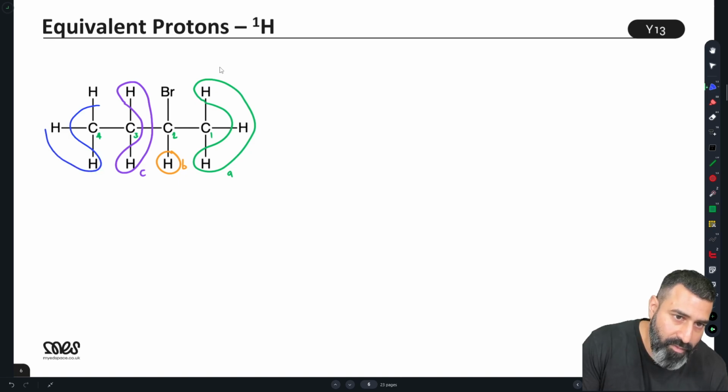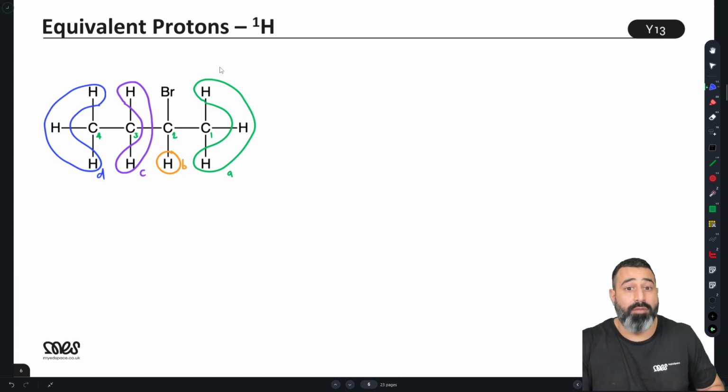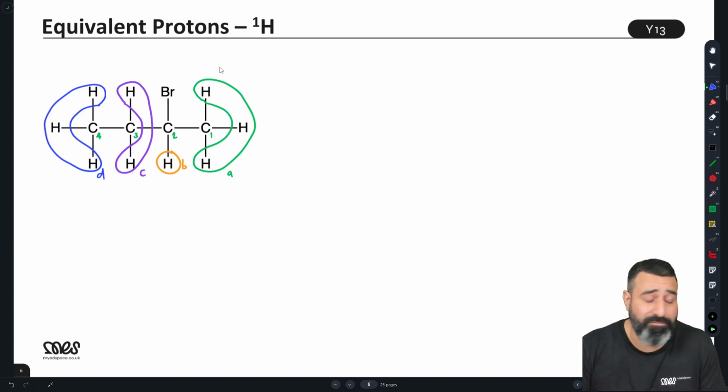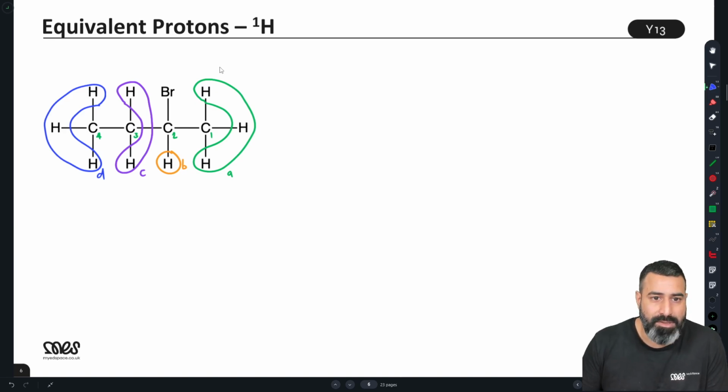So these protons are in a different environment. So here we have 4 different environments, okay? So this is what low resolution NMR tells us, the number of different chemical environments we have for our protons. Okay, and the integration will tell us the number of protons in that environment as well.